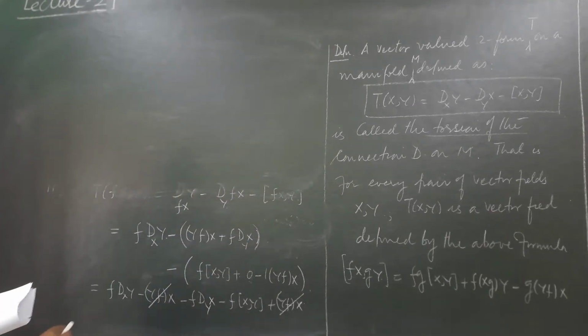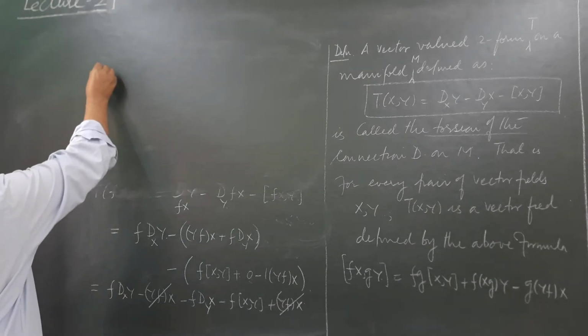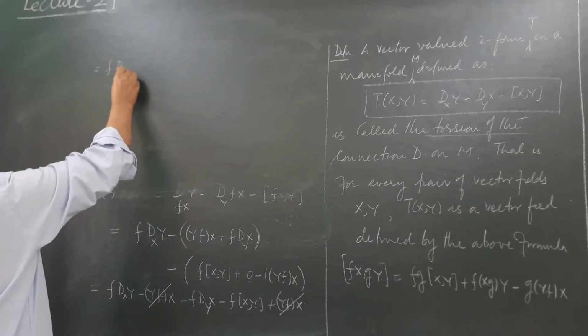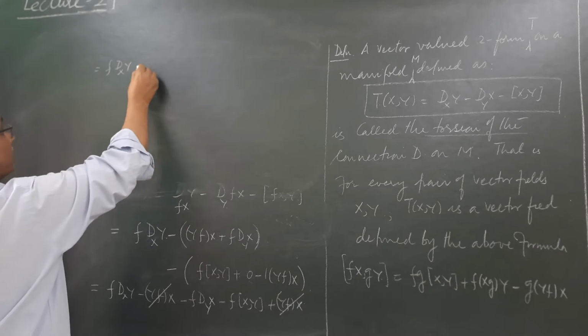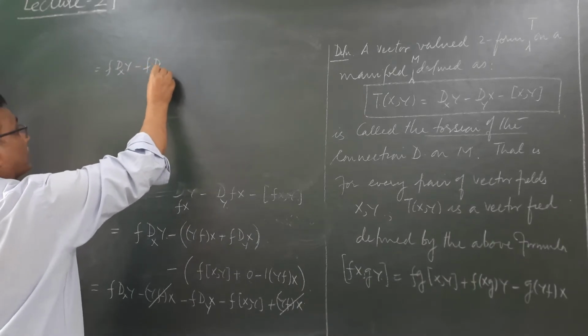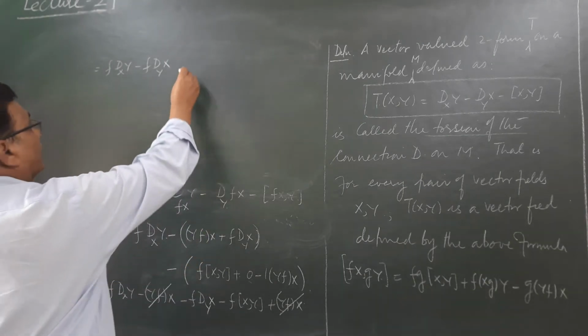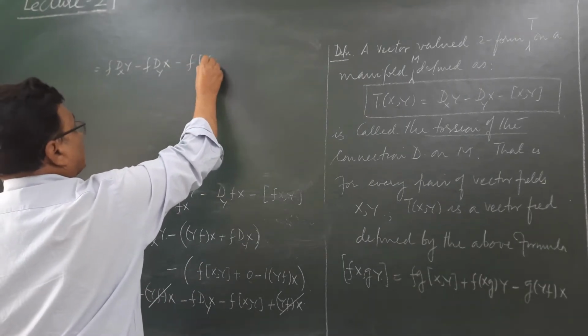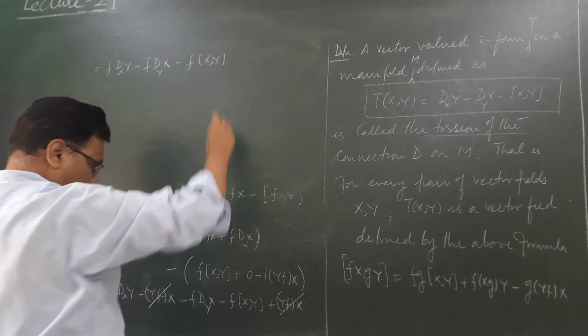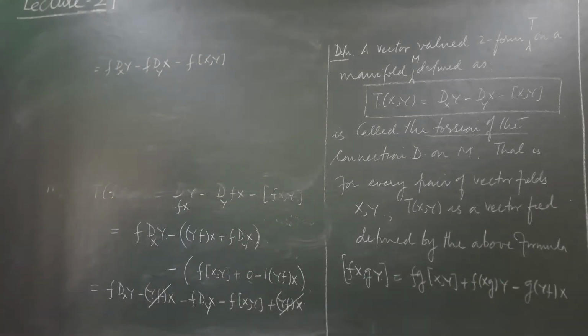And what you get is the following: f times ∇_X Y minus f times ∇_Y X, and you have minus f times Lie bracket [X, Y]. That's all. These are the terms that you have.